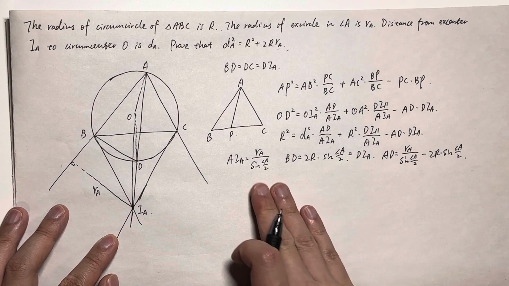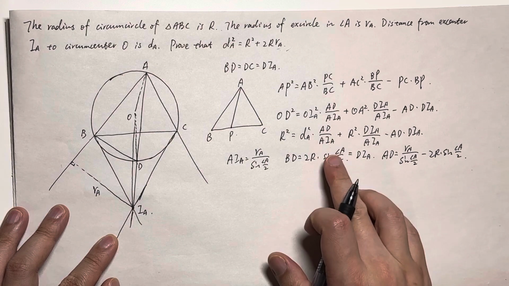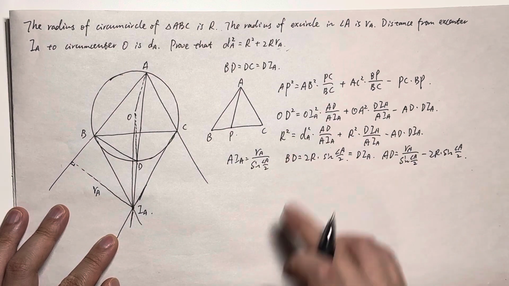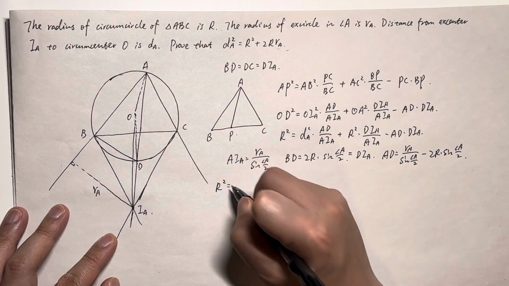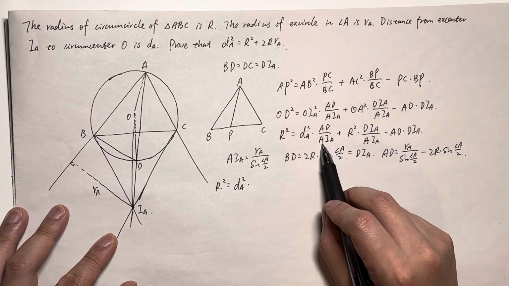Now let's use these three expressions to replace AD, AIA, and DIA. So we have R squared equals dA squared times AD over AIA.